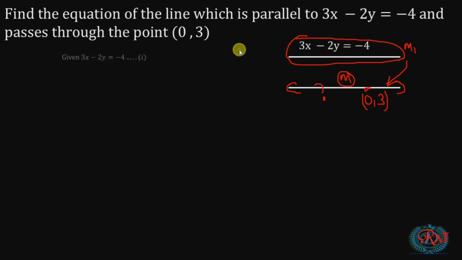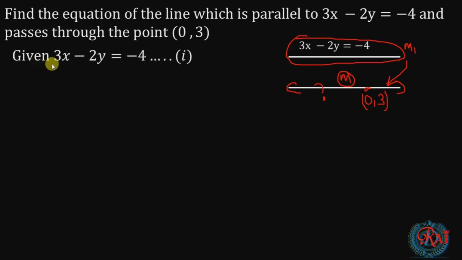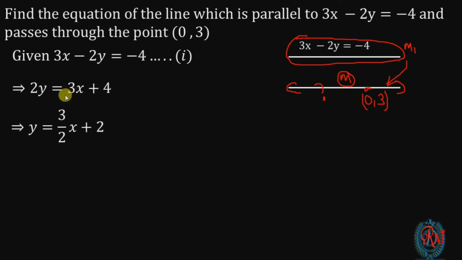So given 3x minus 2y is equal to minus 4, make it equation number 1 or line 1. We'll convert this equation in the form of y is equal to mx plus c. For that, minus 2y, when it goes this side, becomes 2y is equal to 3x. When minus 4 comes this side, it becomes plus 4. Next line, y is equal to 3 by 2 x plus 4 by 2.